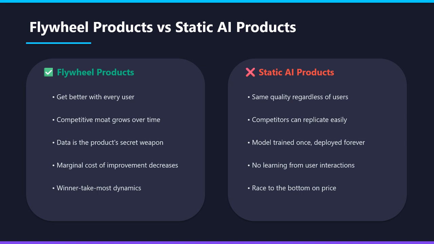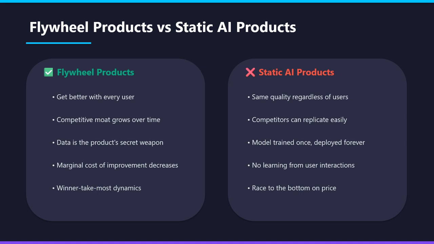These tend towards winner-take-most dynamics. Static AI products deliver the same quality regardless of user count. Competitors can replicate them easily because the model is trained once and deployed, and there is no learning from user interactions.